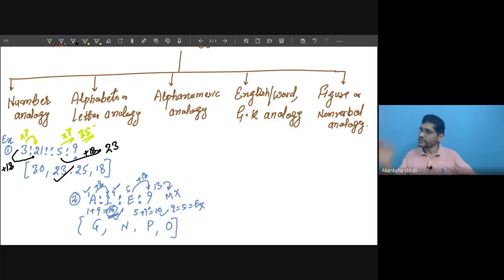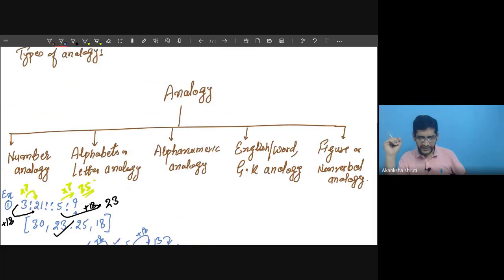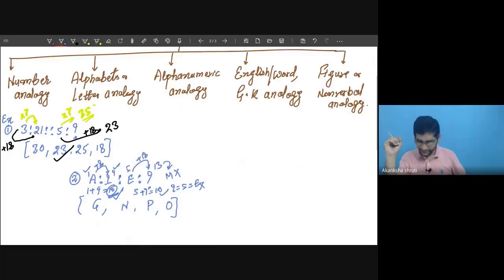A student, like in our number series or in numbers, we were always thinking about the type of number. In a similar fashion, in alphabets or English characters, what is there? Consonants and vowels. That is the very first possibility that we also think. Okay.